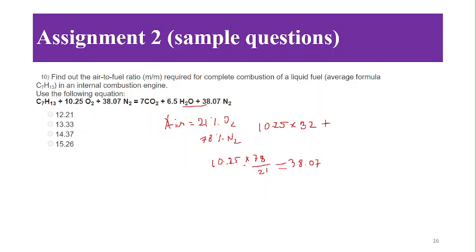There may be a possibility that you are not given this equation altogether. Then how would you know that this is the amount of N2 which is required? Because you are required to find the air to fuel ratio, not the oxygen to fuel ratio. If it was given as oxygen to fuel ratio, then you would only need 10.25 into 32 in the numerator. But for the air to fuel ratio, you require the amount of air.